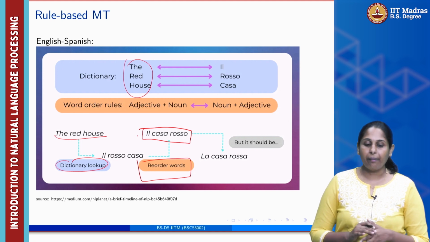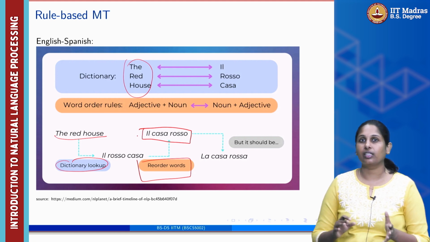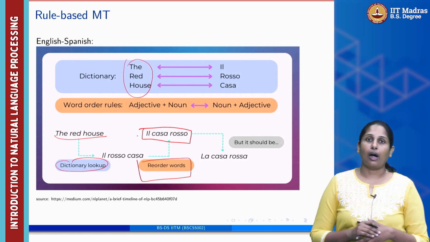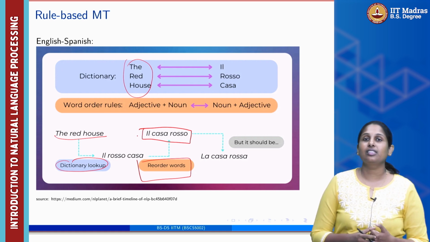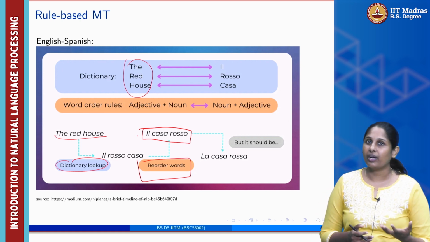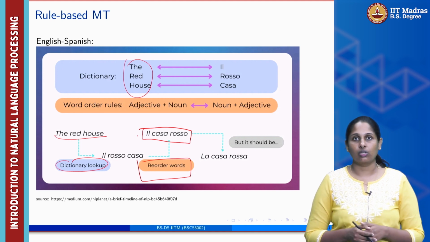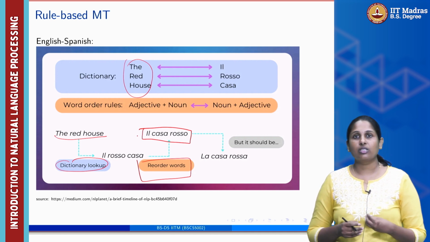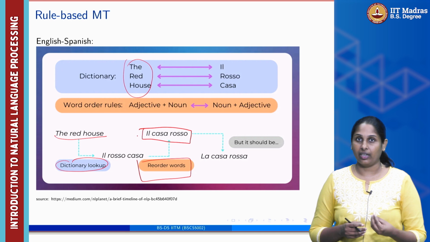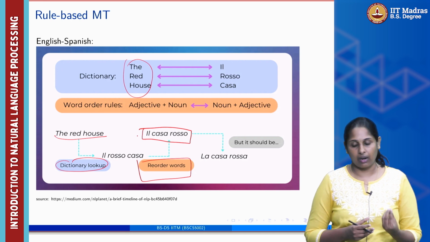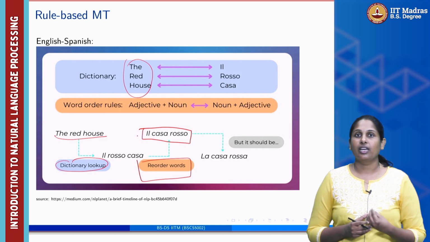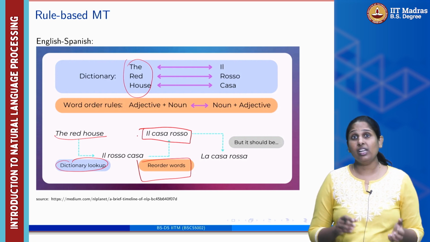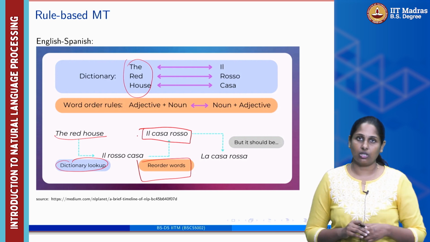Now, what happened during the late 1950s is that most of the governments across the world started realizing the importance of building automatic machine translation tools. The US government started pouring a lot of funds into developing such systems. They believed it was possible to build a fully automatic machine translation system.